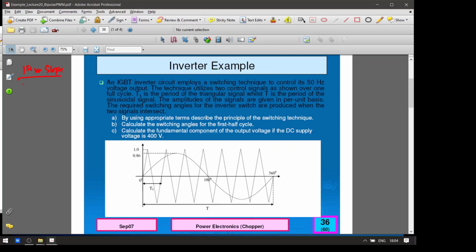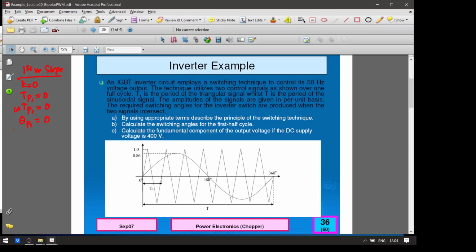We know that k equals 0 at this point, and we know that t p1 equals 0, or in terms of angles, omega t p1 equals 0, and this is actually theta p1 equals 0. Right?